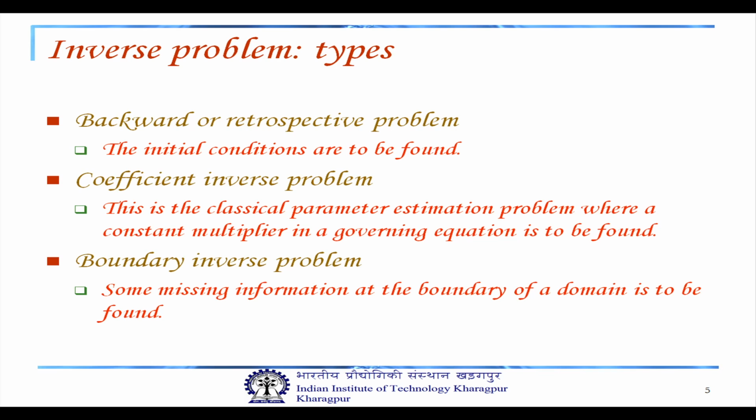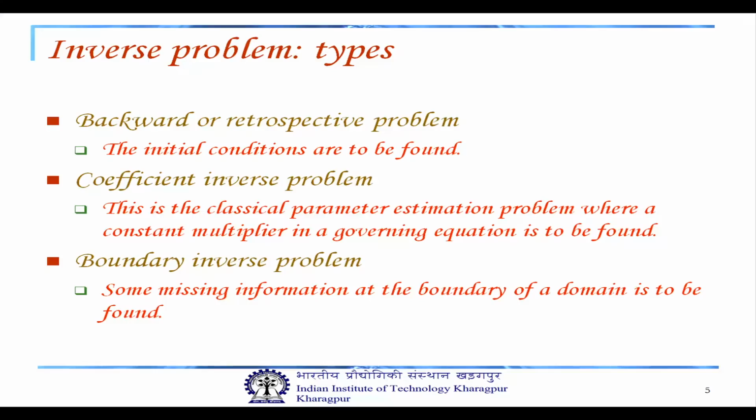So we try to get the boundary information value. You have to attack one particular problem, because you cannot solve all these problems in a single framework. Your objective should be clear, whether you are considering the backward problem, the parameter estimation problem, the coefficient inverse problem, or the boundary inverse problem.